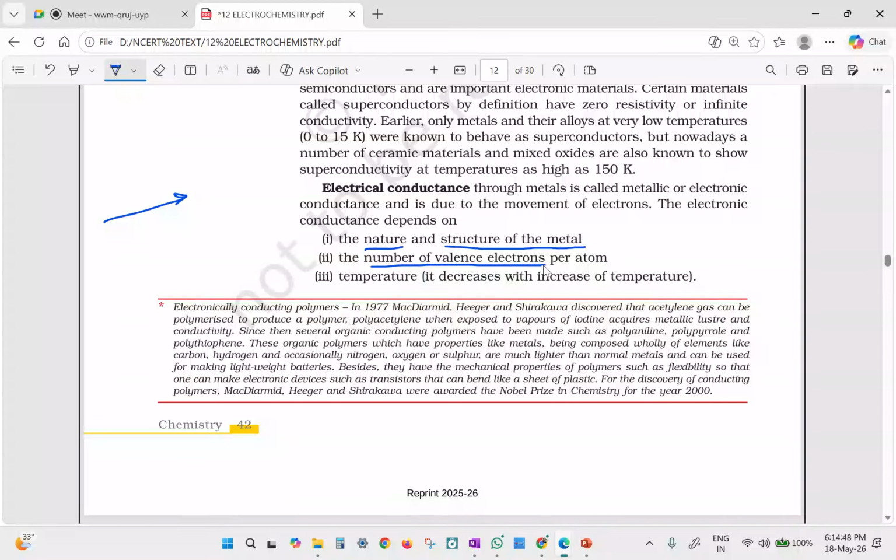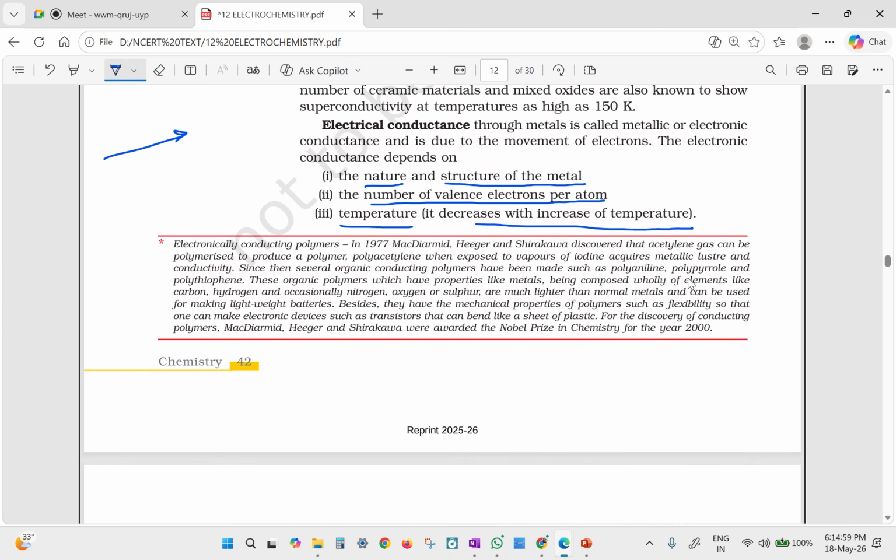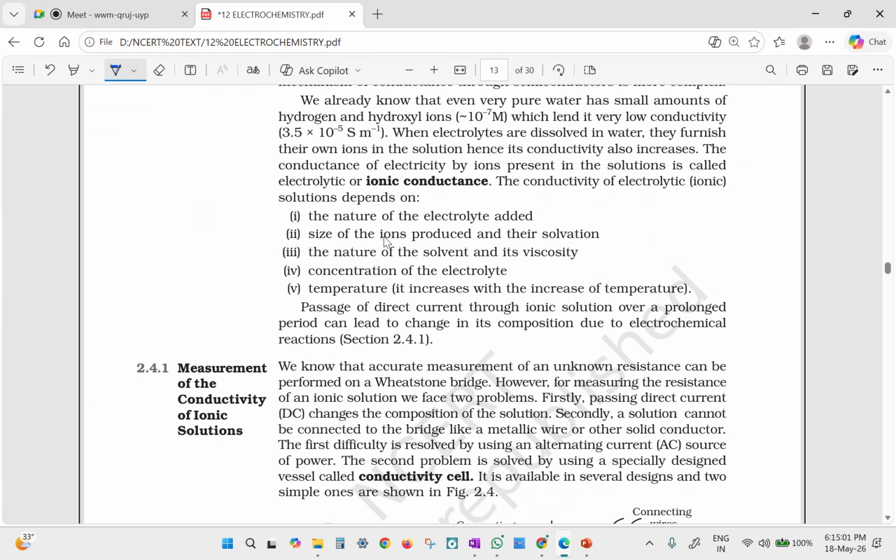The number of valence electrons per atom: the more the number of valence electrons, the more the current carrying capacity. Temperature: it decreases with increase in temperature. Coming to the solutions, it depends upon the nature of electrolytes. Some electrolytes are completely dissociated.